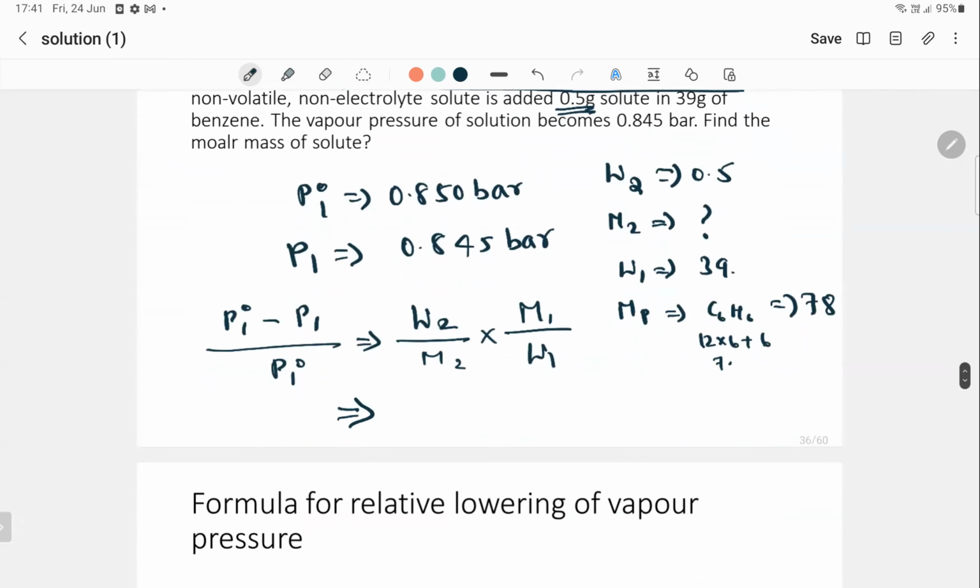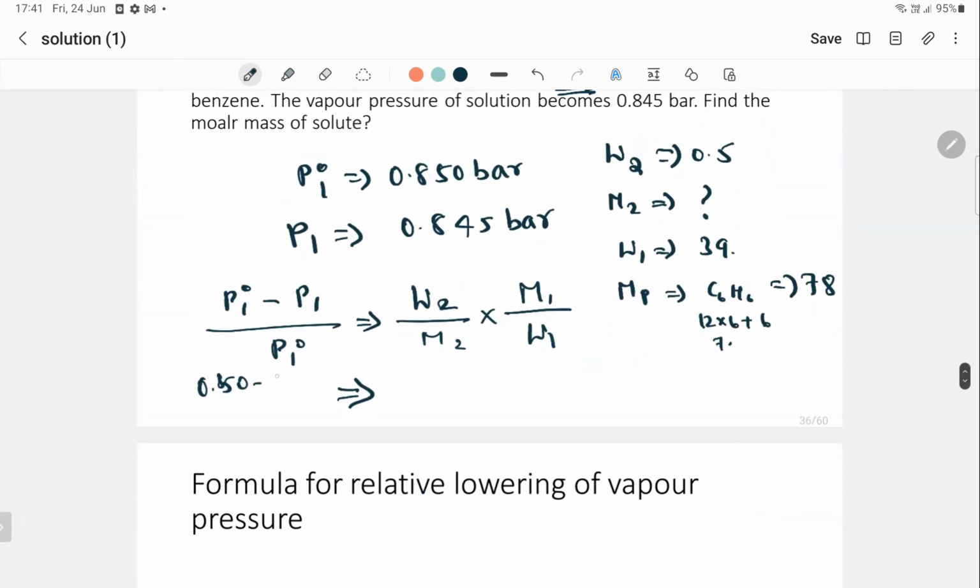So now, P1 naught 0.850 minus 0.845, divided by 0.850. W2 is 0.5 divided by M2, times the molar mass of benzene, 78, divided by 39. Do the calculation fast.